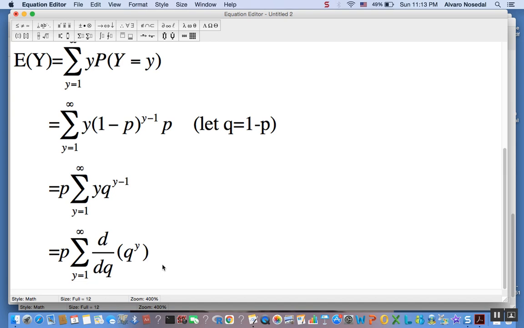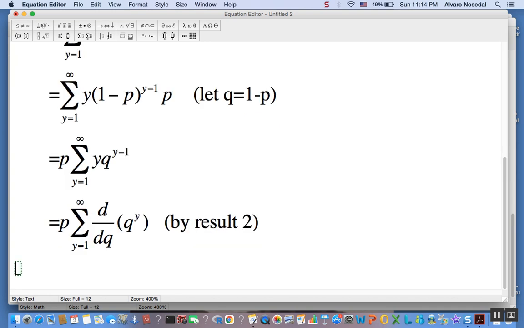Now, note that this is just the sum of a bunch of derivatives. Well, that is going to be the same as the derivative of the sum, right? By result 2, sum of derivatives equals the derivative of the sum.